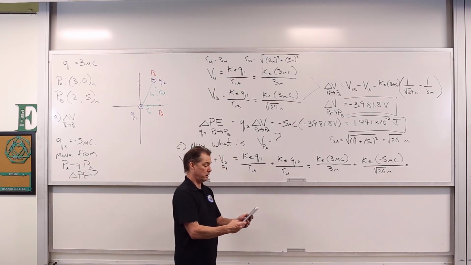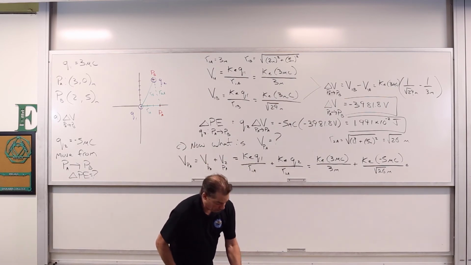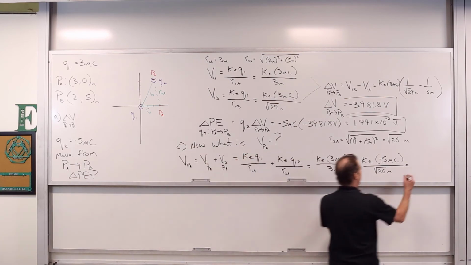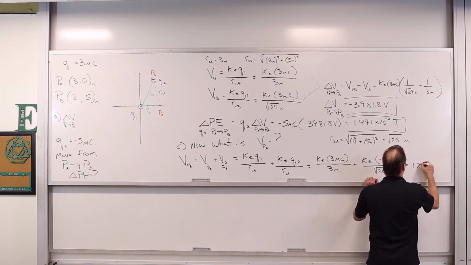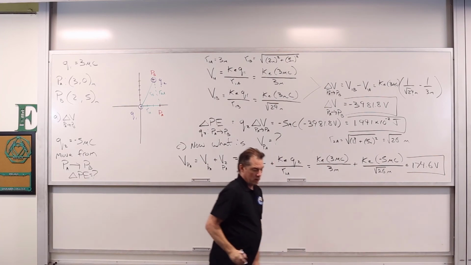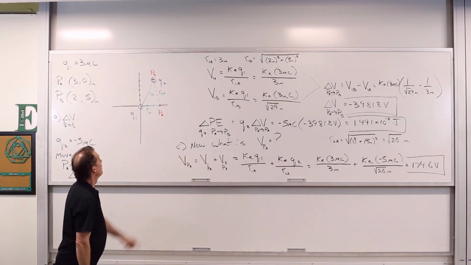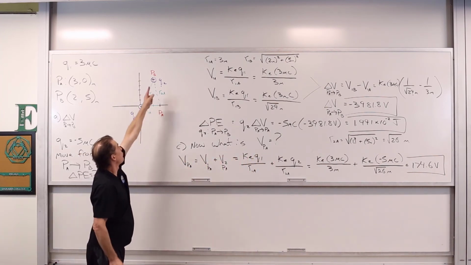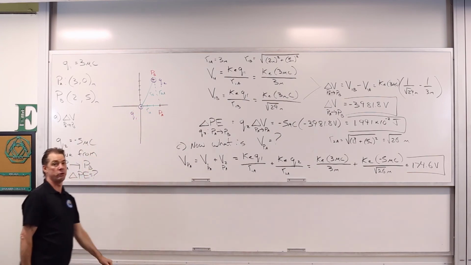Looks good. 174.6 we'll call it. There we go. There's the potential at point A now due to both Q1 and Q2.